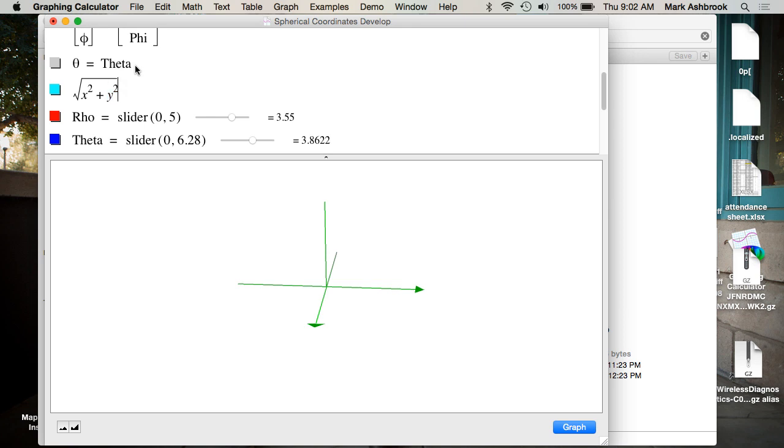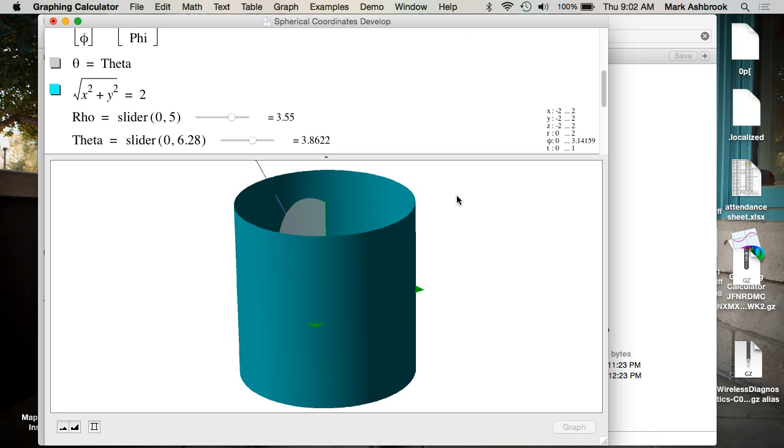So if we said that equals, say, 2, so that's R equals 2, right? R equals 2 gives you a cylinder. So cylindrical coordinates are based on really easily defining cylinders. R equals 2, R equals 1 defines a circular cylinder.